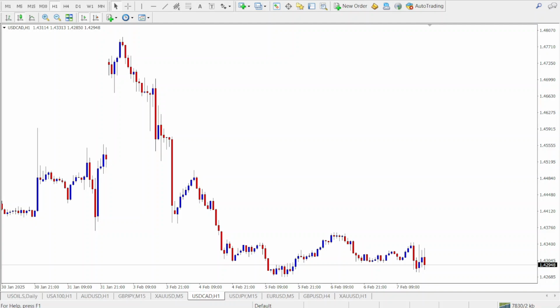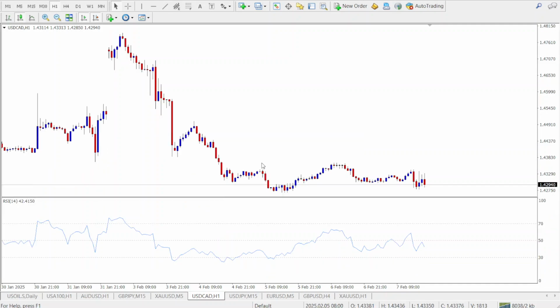Before we dive into the strategy, let's quickly go over what the RSI, or the Relative Strength Index, is. So the RSI is a momentum indicator that measures the speed and change of price movements.